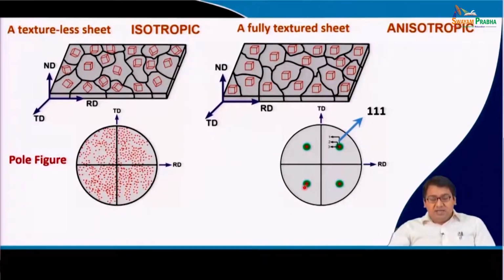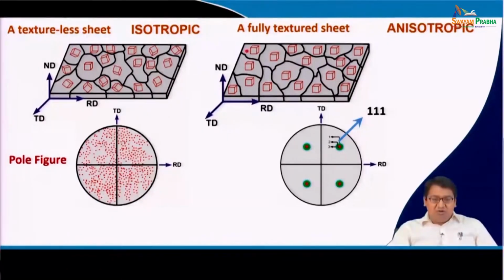And you see, I have shown you a pole figure, and this is a 111 pole figure. Do not worry if you are not able to understand this at this moment, but soon you will start realizing that these are simple things, as I said earlier, and I will come to this in a much more detailed manner. I am showing the 111 pole figure, and therefore, these poles are basically coming from the 111 planes.